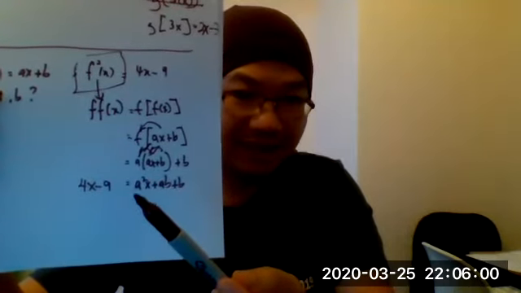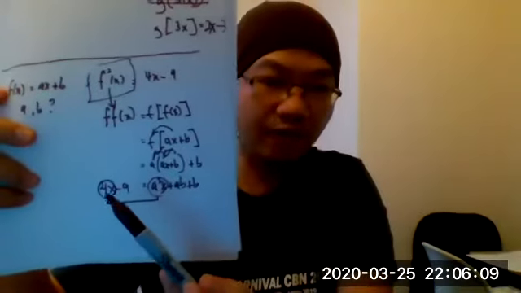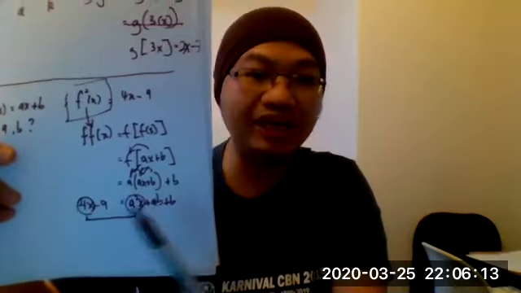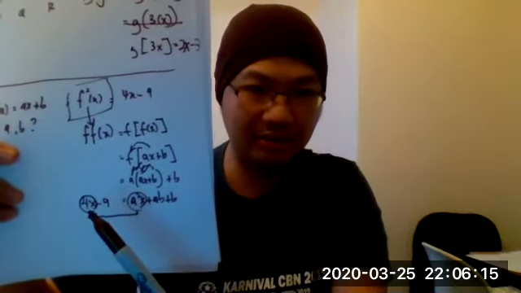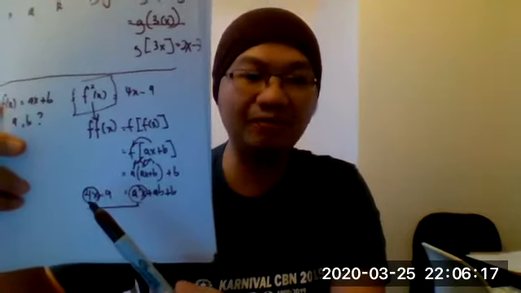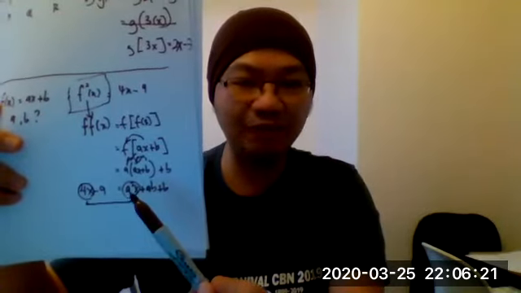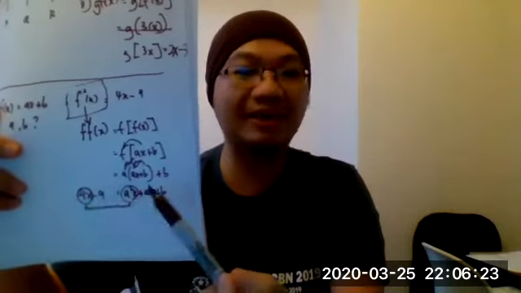A squared x. X and a squared x are related. Related means we can compare both of them. Since this has x and that also has x, it means they are equivalent.